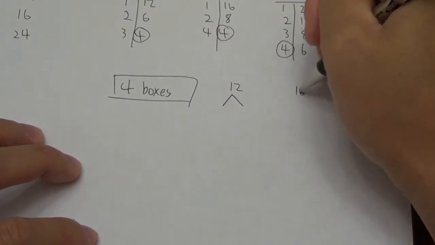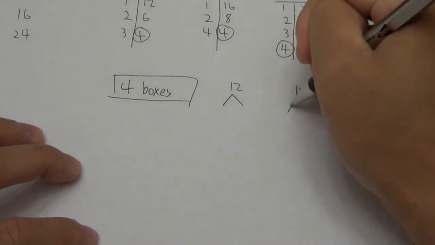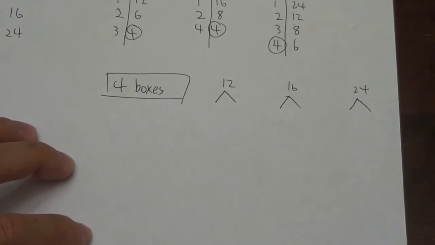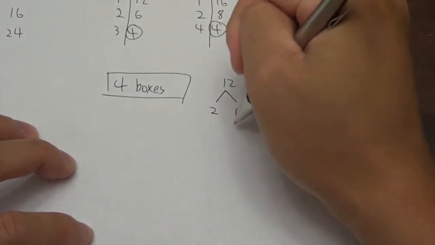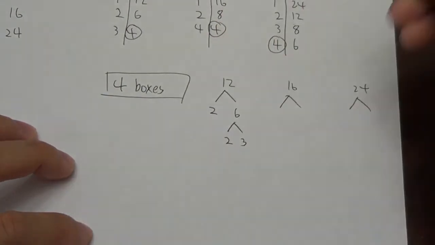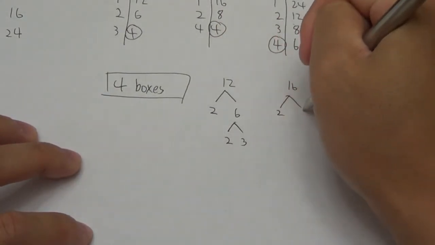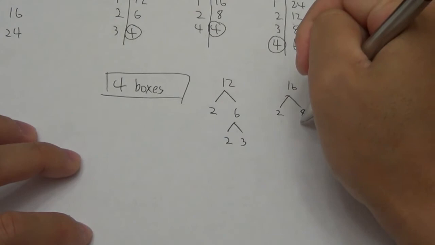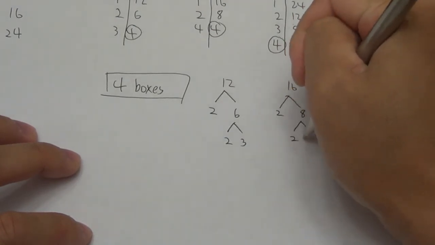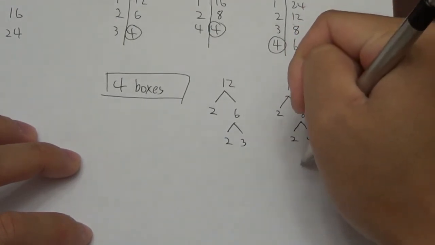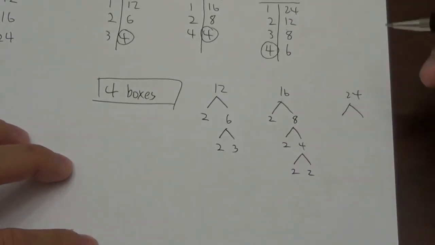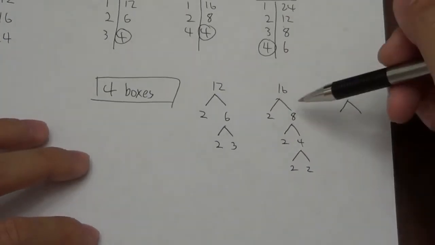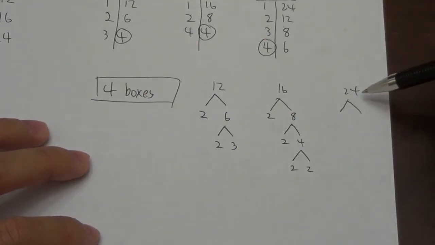All right, 12, 16, 24. That's 2, 6, 2, and then 3. We got 2, 8, 2, 4, and 2, 2. And this one I'm going to do a little differently, just to show you, you don't always have to divide it by 2 just because it's an even number.